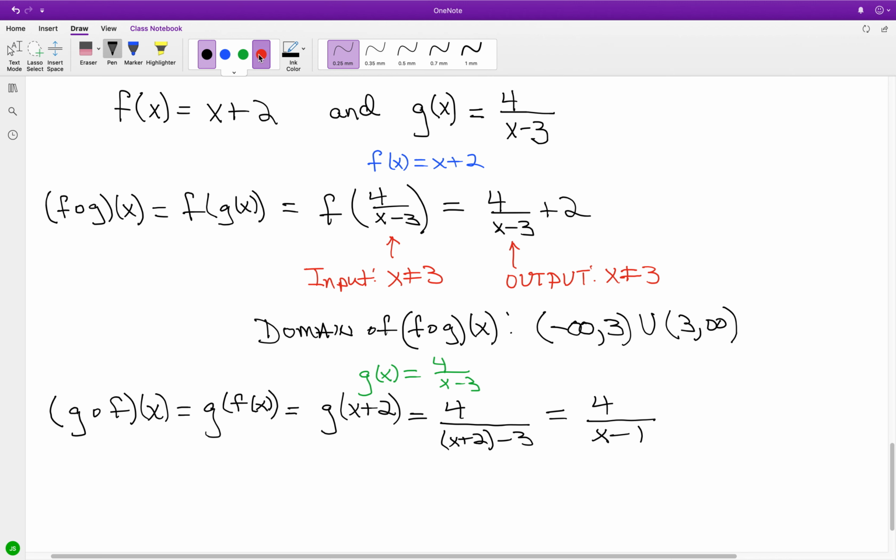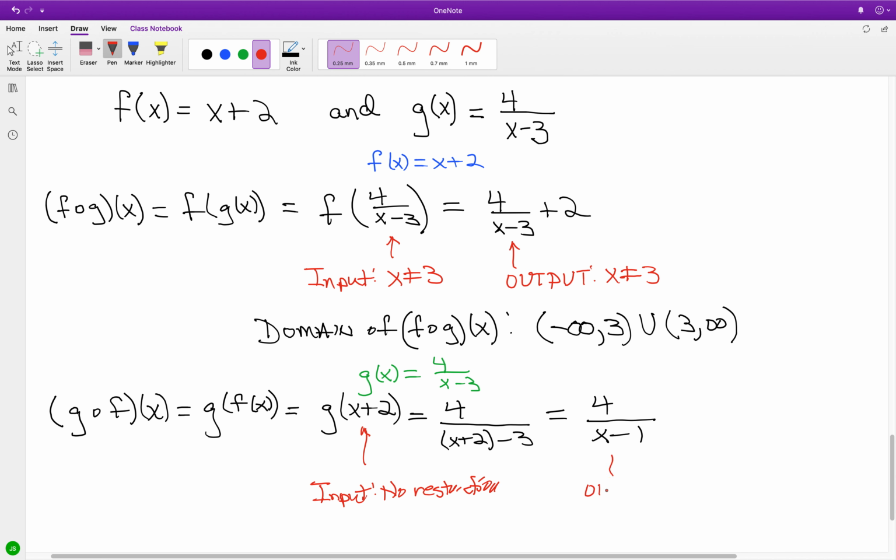Now looking at what we have laid out, for the input, this is a direct expression, so the input has no restrictions since we don't have an even root radical or a fraction that would result in a 0 denominator. However, in the output, the resulting composition g composed with f of x, we have 4 over x minus 1.